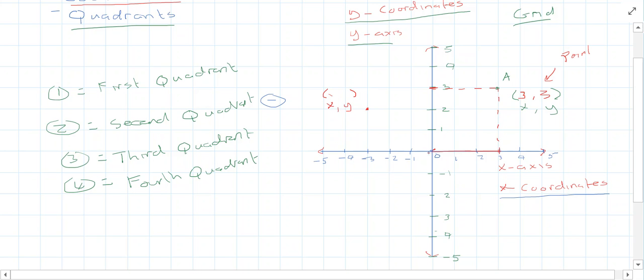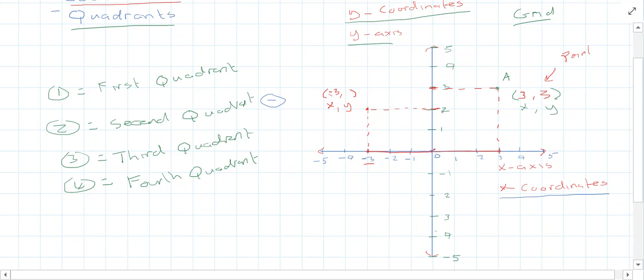In order to get the x value, I start at the origin, which is here in the middle, and I move out until I'm lined up with the point. If we move out in this direction, it's roughly here at -3. So the x value is -3. Then for the y value, we move up to where the point is and draw our line back across.